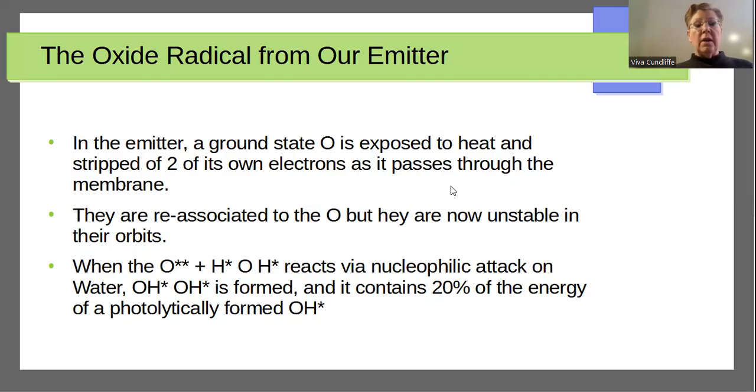When the oxide contacts water and has a nucleophilic attack reaction on it, doublet hydroxyl is formed, and it contains 20% of the energy of a photolytically formed hydroxyl in nature.